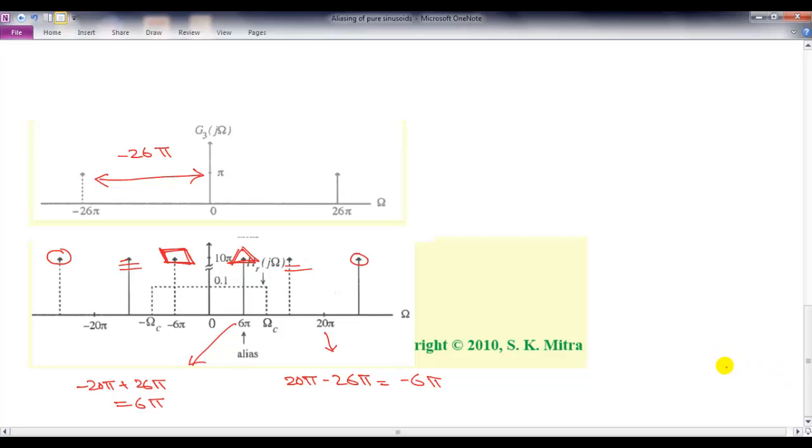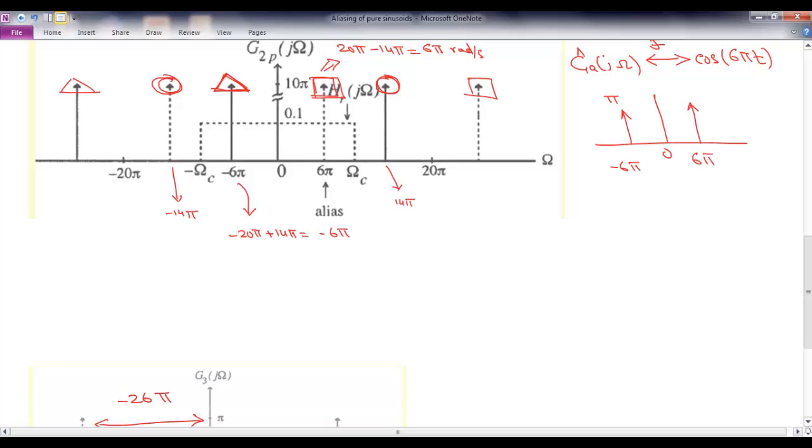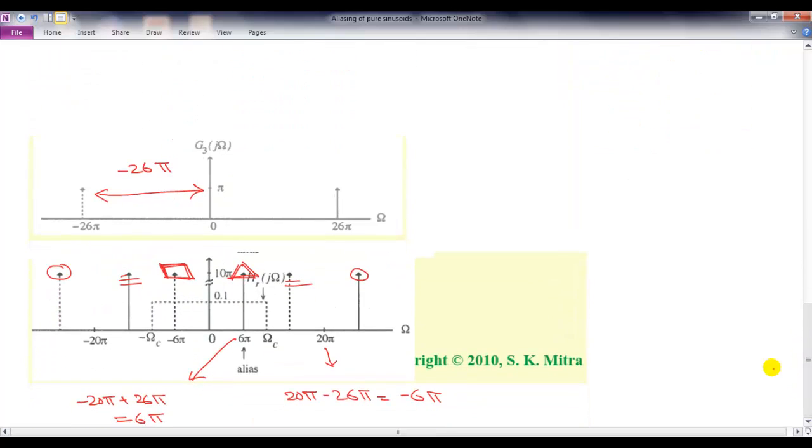Even though, if you compare this case, your square was situated here and your triangle was on the left side, in this case the roles have been reversed. Your square is here and your triangle is here.